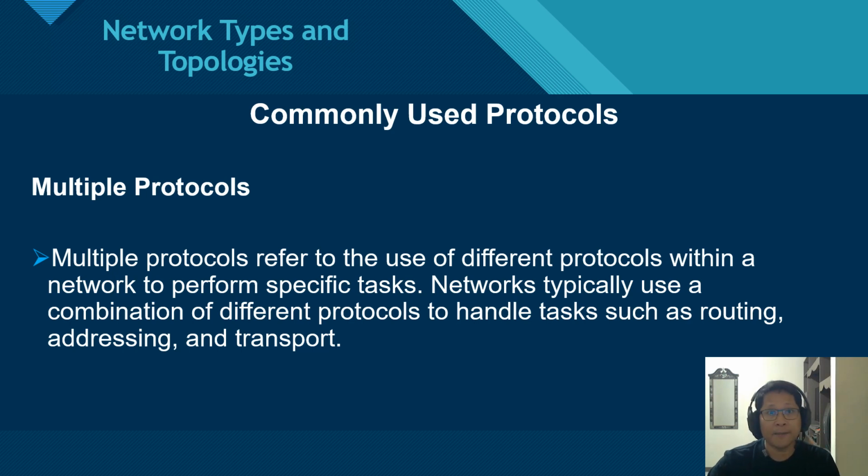For example, the Internet uses multiple protocols, including TCP, IP, HTTP, FTP, and SMTP, each serving a different purpose. Multiple protocols enable networks to efficiently handle different types of traffic and ensure reliable communication between devices.